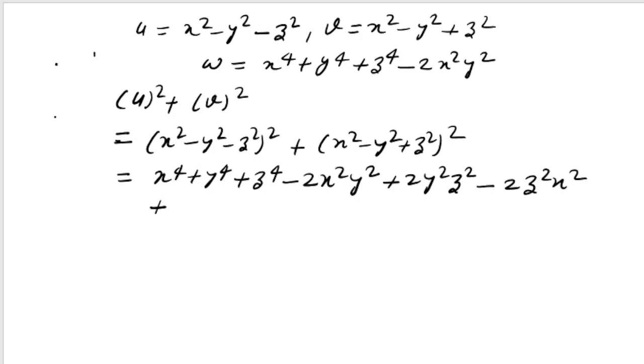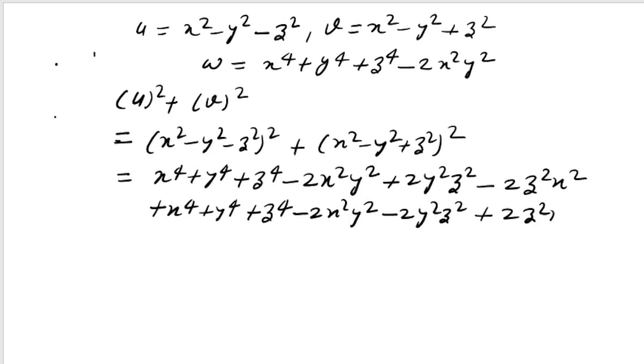And for the other, I will get x to the power 4 plus y to the power 4 plus z to the power 4, and 2ab, so minus 2x square y square, plus 2bc, so minus 2y square z square, and plus 2ca, so 2z square x square.